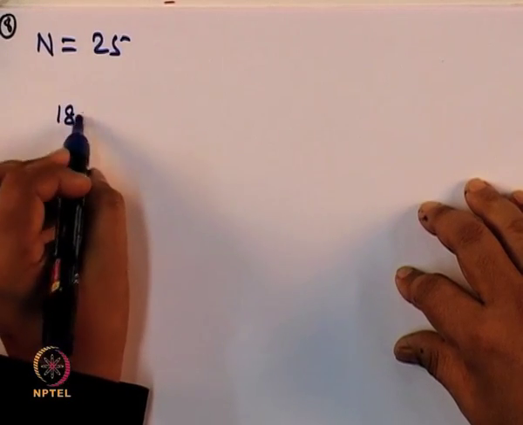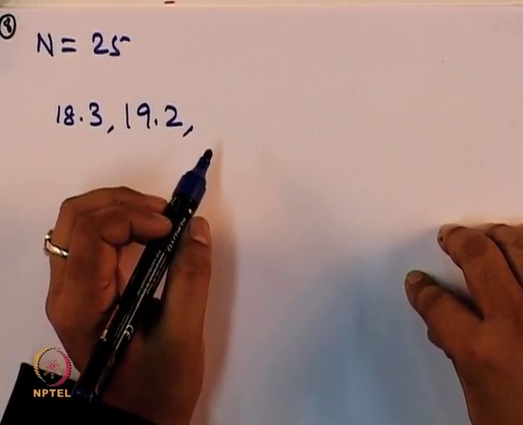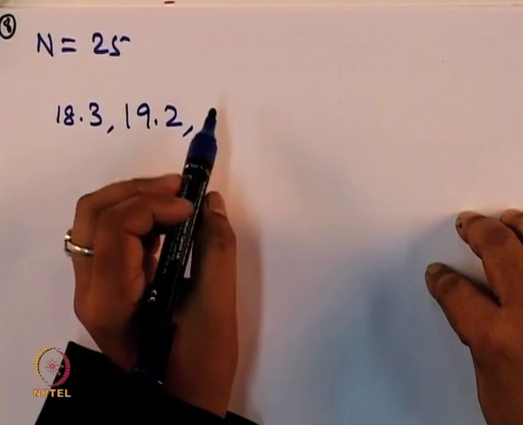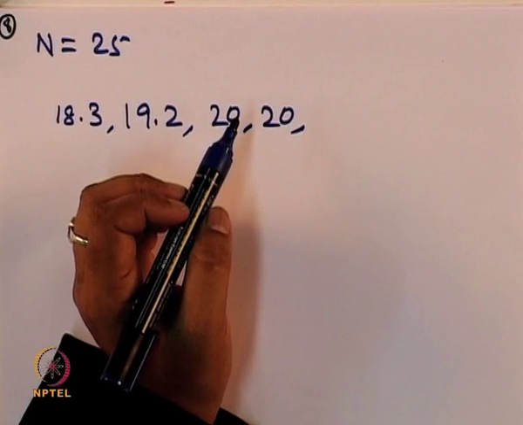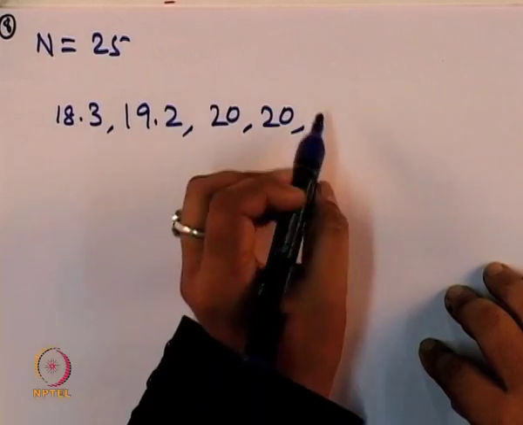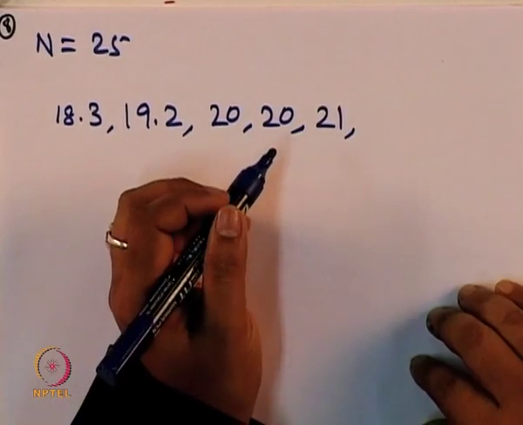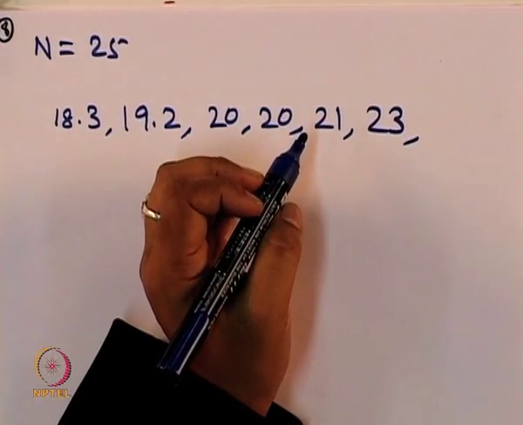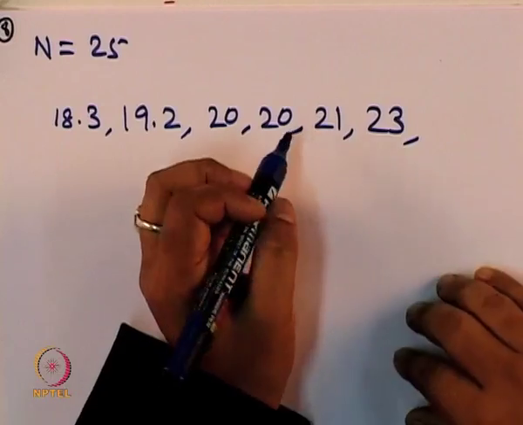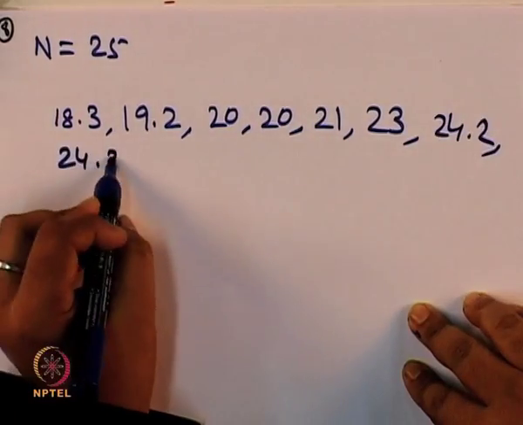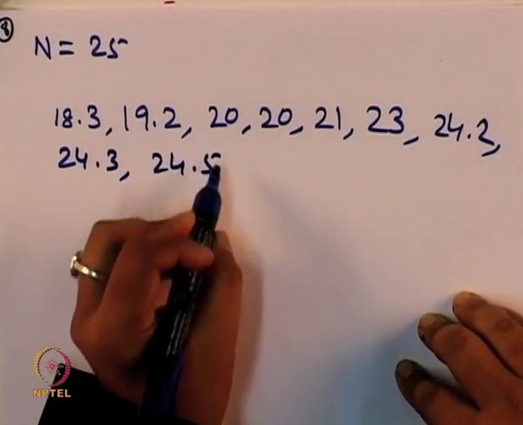My lowest number is 18.3, the next highest number is 19.2, the next is 19.2 again, then you have 20, 20, 20, 20, then 21 here, after 21 I have 23, and after 23 is 24.2, 24.3, then 24.5.